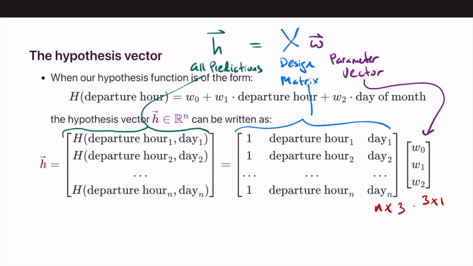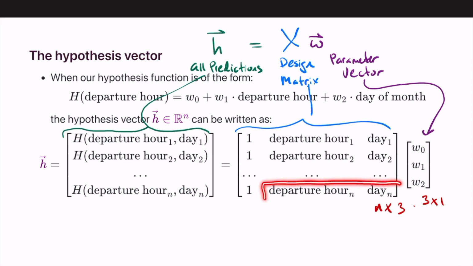And what's also interesting to think about is we have in our design matrix, of course, our number 1 right here, which is our y-intercept. But we also have departure hour 1 and day 1, which correspond to the first observation. Then we have departure hour 2 and day 2, which correspond to our second observation.